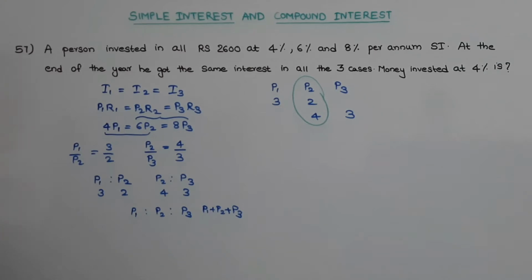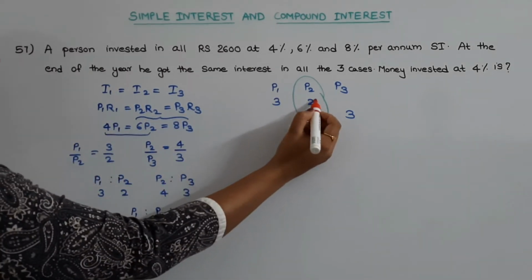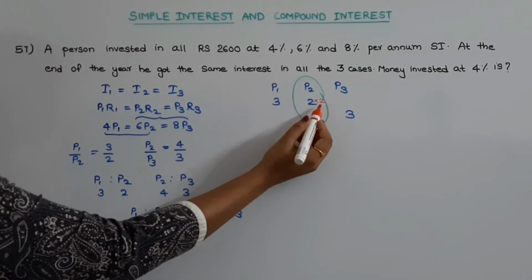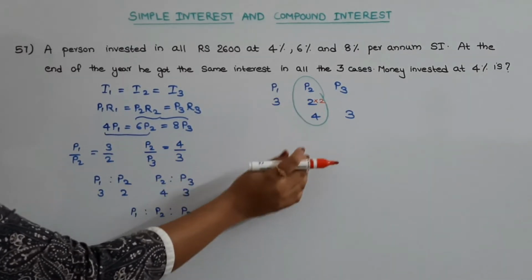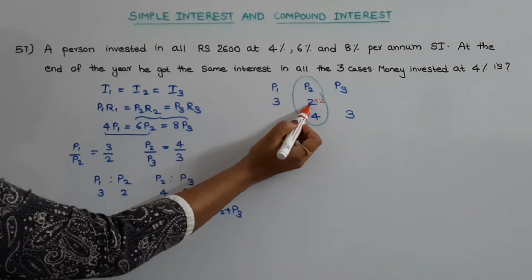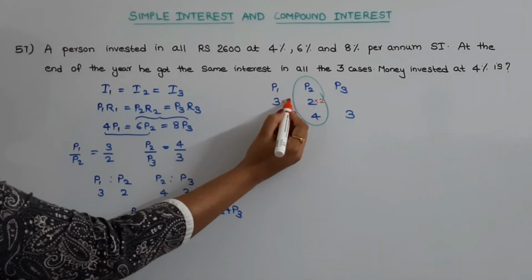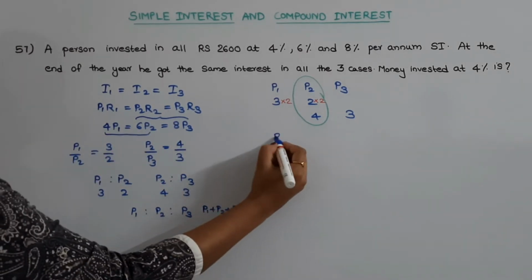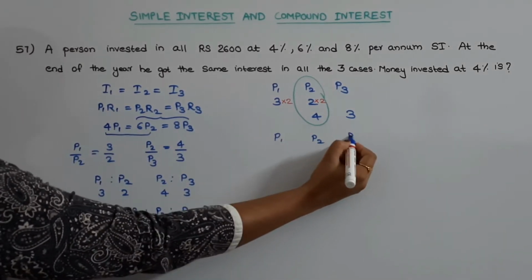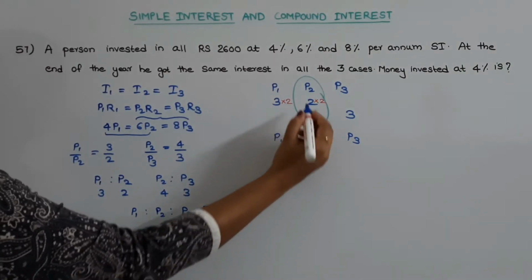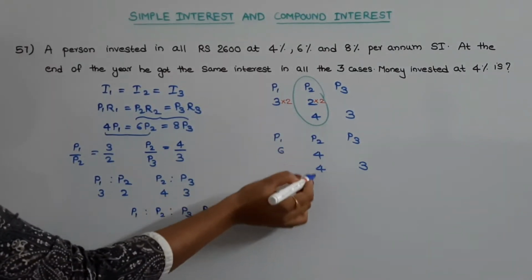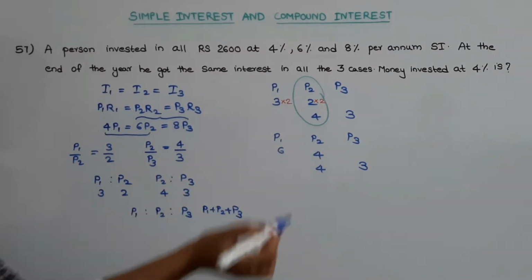For that, we need to multiply this 2 by 2. On multiplying this 2 by 2, we will get 4. Now when you are multiplying this 2 by 2, you need to multiply this 3 also by 2. Then we can write this as P1, P2, P3: 3 into 2 is 6, 2 into 2 is 4. This is 4 and this is 3. Now we have made the middle values the same.